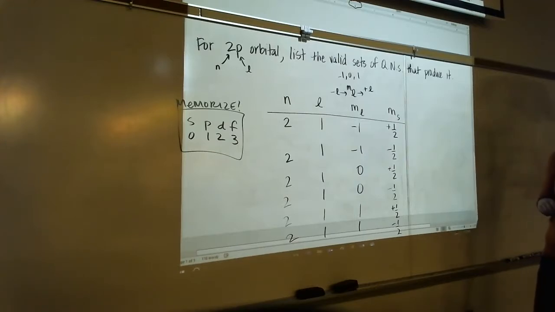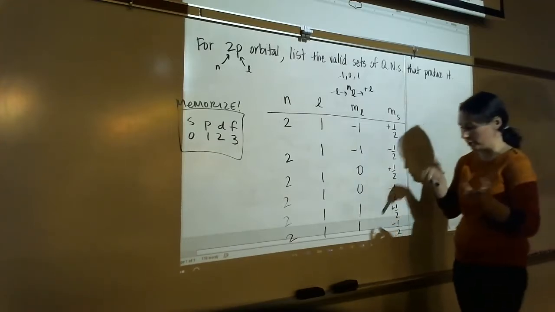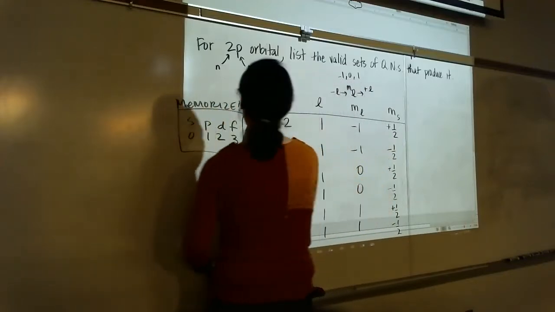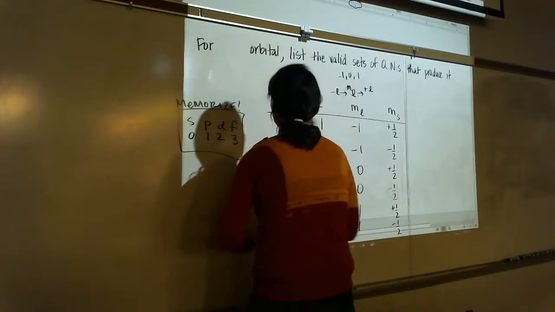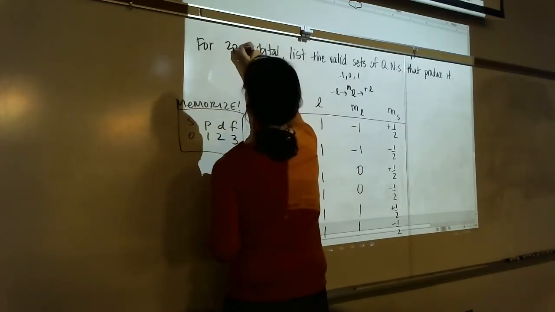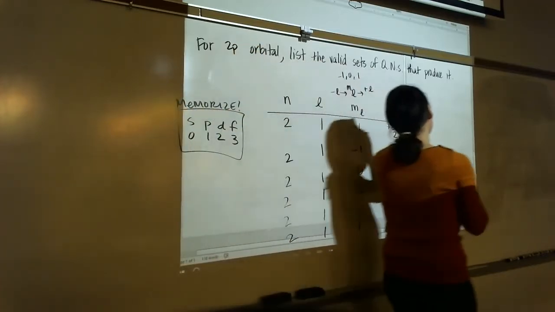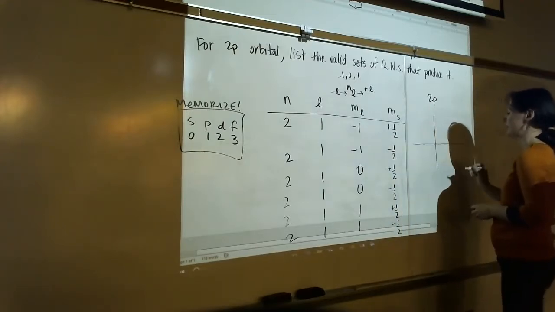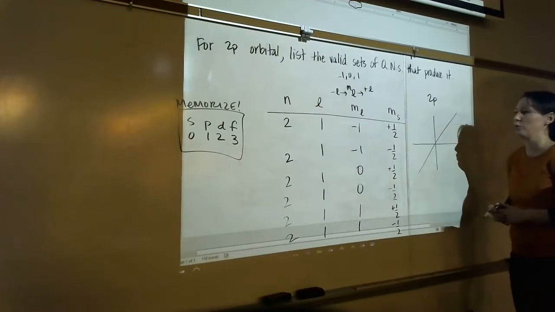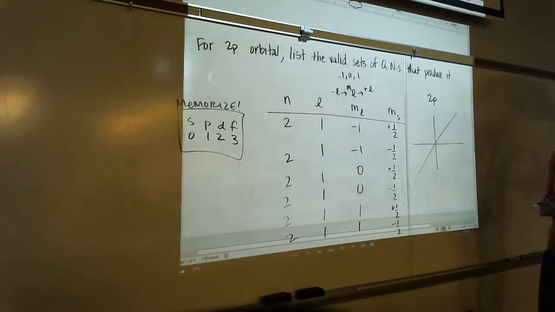So I'm going to put one up on the board for you to try. I'll pause the recording. Oh, we forgot to sketch it. This was 2p, right? Let's sketch a 2p orbital. Because we didn't designate which orientation we're dealing with, one of them's x, one of them's y, one of them's z, so pick your favorite one.